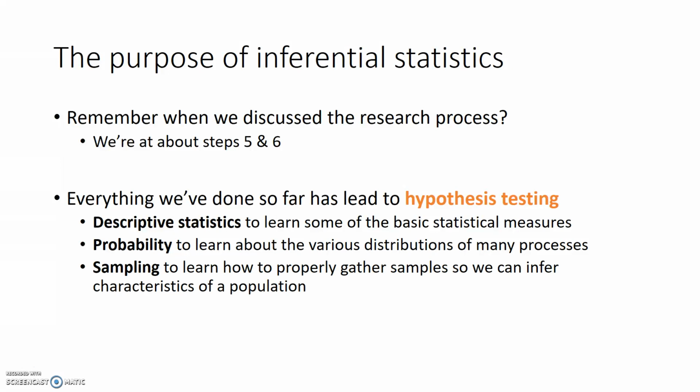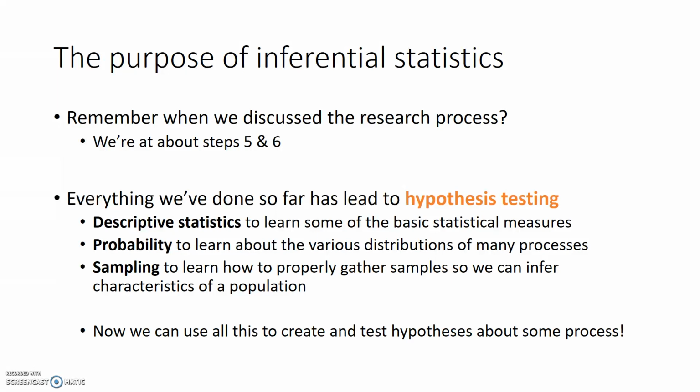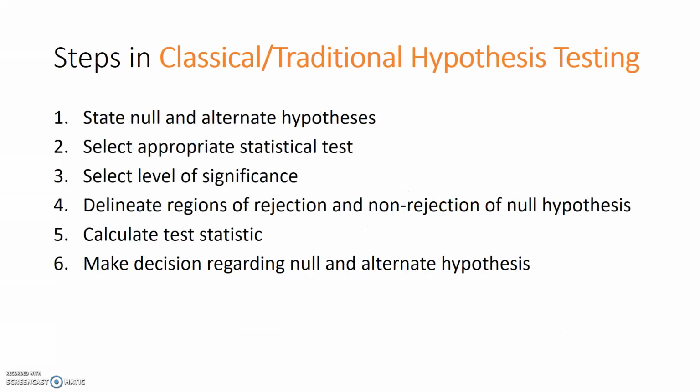And then sampling so we can learn how to properly gather samples in order to infer characteristics of a population. So now we can use all of this knowledge we've been building up to create and test hypotheses about some process, whatever process, I present to you or that you might be interested in.